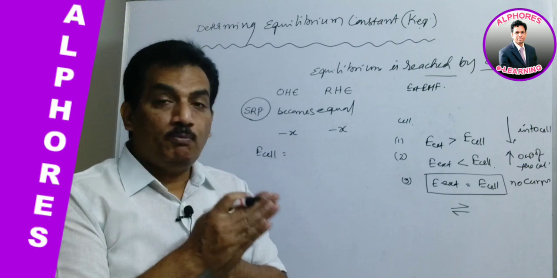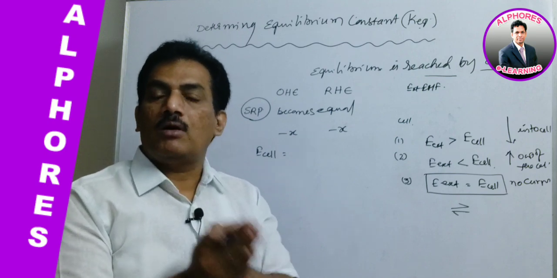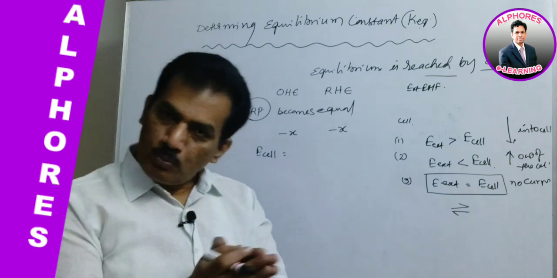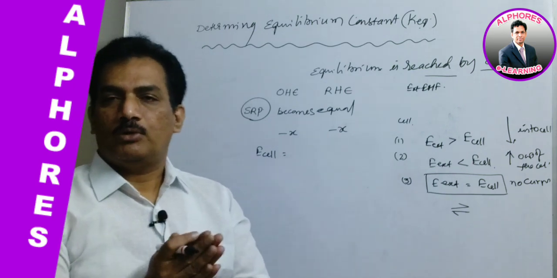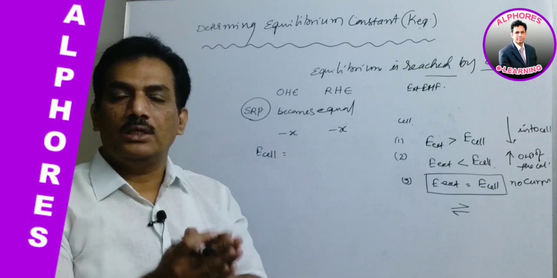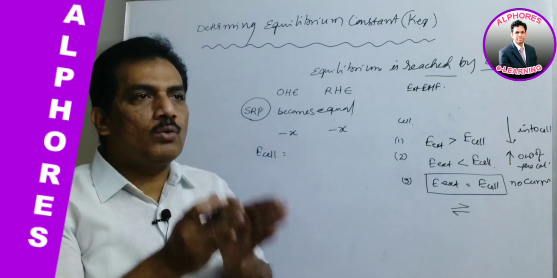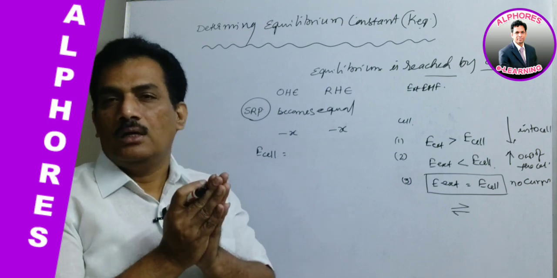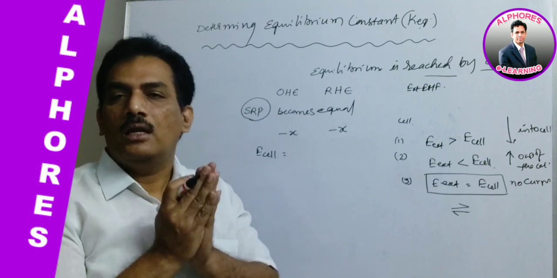In case both electrodes are provided with oxidation potentials, or both are provided with reduction potentials, then what we consider is just the difference in the electrode potentials. The difference in the potentials is the cell EMF.